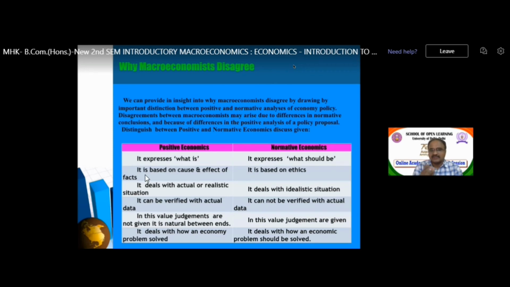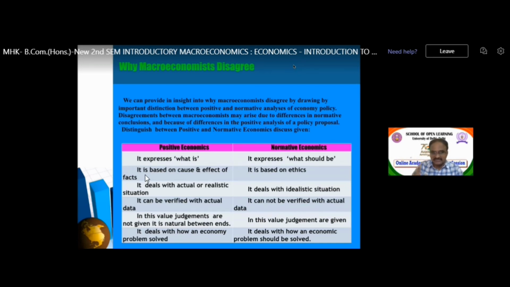For example, in the COVID-19 crisis, positive economists said what it is, that is COVID-19, and that's it. They couldn't analyze anything, positive economists. Normative economics says what should be, how it came about. That means what is happening, how it is affecting the economy, and how you can control it.